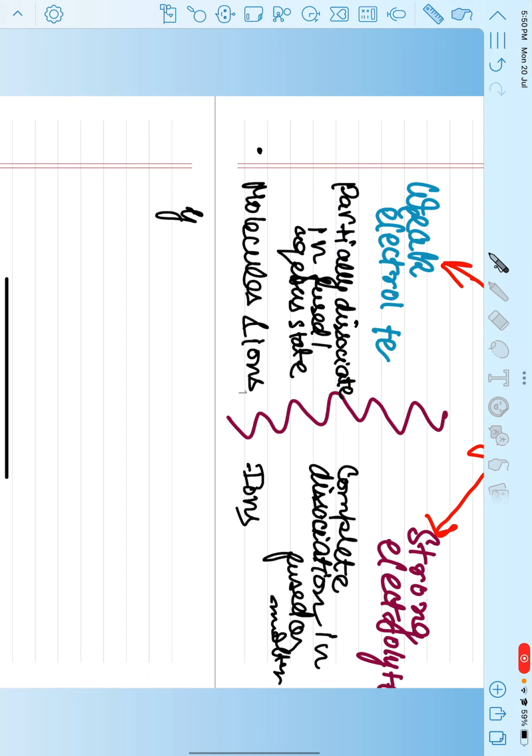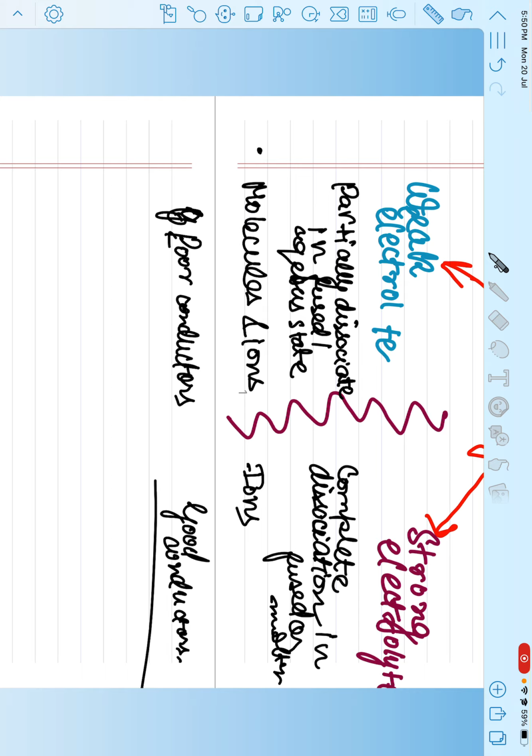ये पुअर कंडक्टर्स होते हैं, पुअर कंडक्टर्स, और ये गुड कंडक्टर्स होते हैं, गुड कंडक्टर्स, okay. These are the good conductors of electricity, these are the poor conductors of electricity, okay.